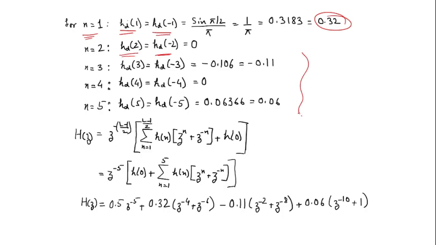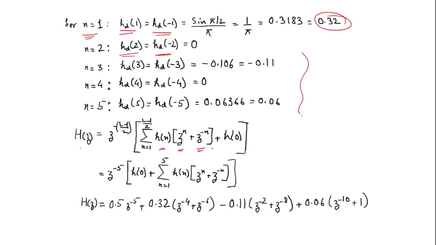Now H(z) is equal to z to the power minus (L minus 1)/2 times the summation of n equals 1 to (L minus 1)/2 of h[n] z^n plus z^-n, plus h[0].